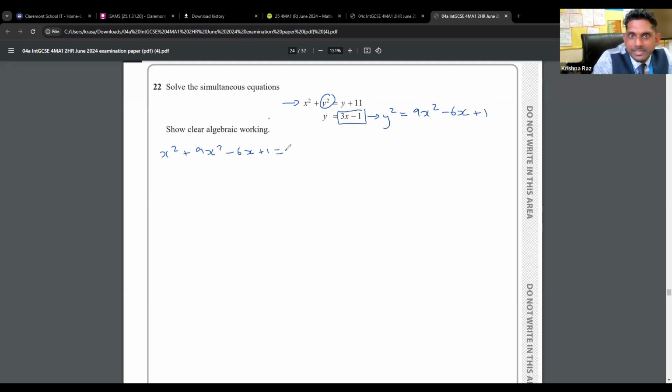But y is this. So we have 10x squared minus 6x plus 1 equals 3x plus 10. So 10x squared minus 9x minus 9 equals 0.